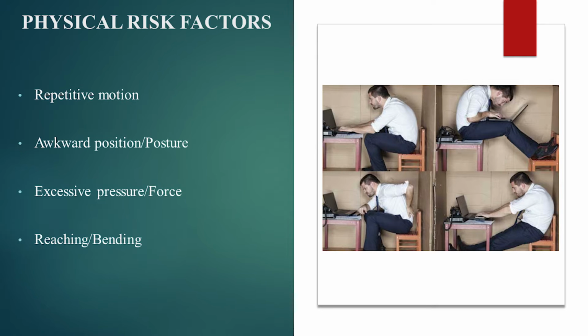Excessive pressure from typing with too much force or using improper grips when lifting and carrying heavy loads, and reaching or lifting objects above the shoulders and improperly bending to lift objects from below the waist.